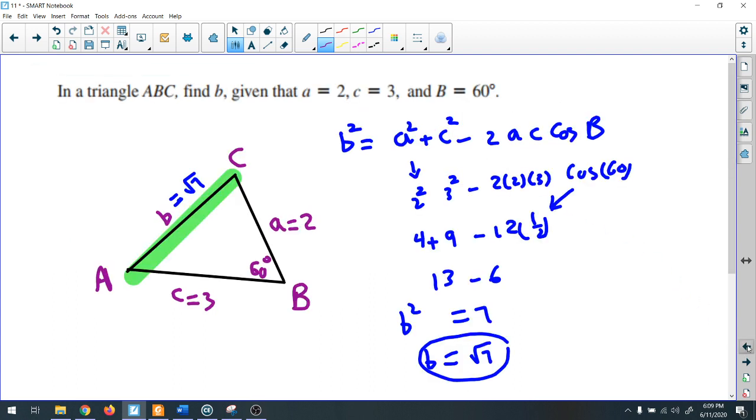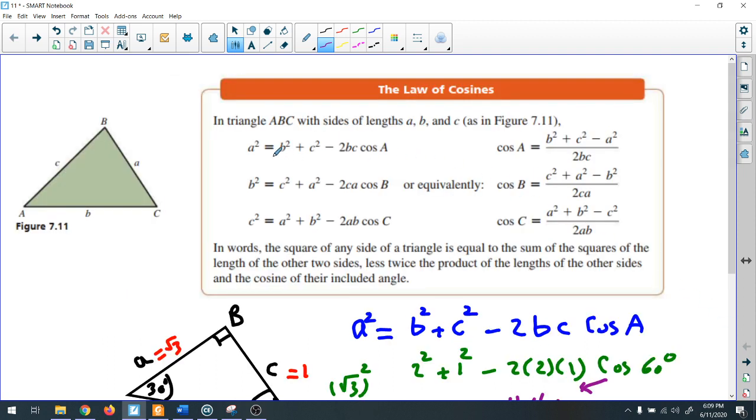Let's memorize the formula again. We could use A square equals B square plus C square minus 2BC cosine A, and then solve it for cosine A later. Or you could right away write down cosine A equals B square plus C square minus A square divided by 2BC. That's what we did in this question.